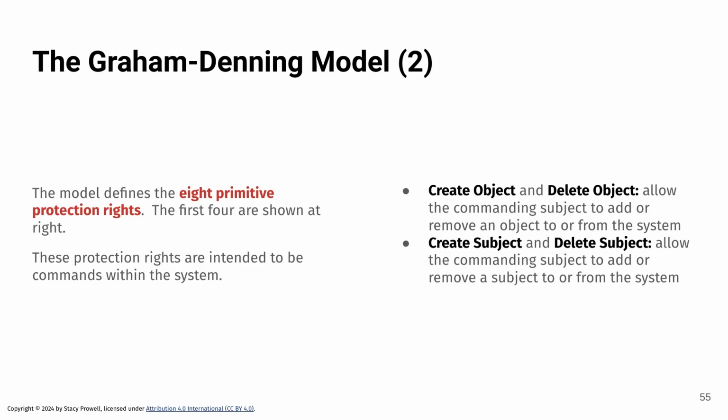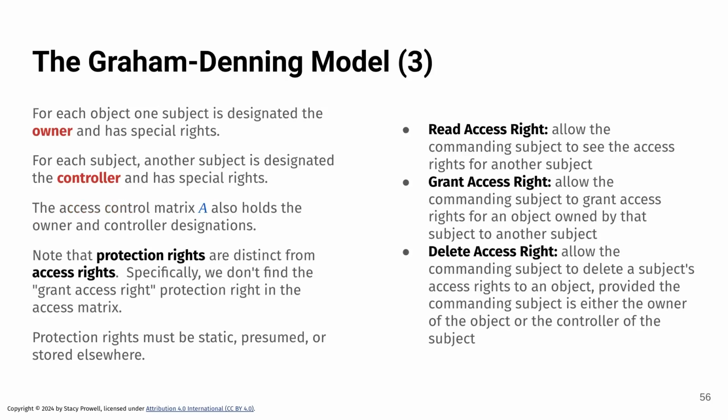And you can read the description, right? Create and delete object allow the commanding subject, the person who's running this command, to add or remove an object. Okay? These primitive protection rights are meant to be commands to the system. Okay? So there are 4. We got 4 more to go. Let's go and add 3 more.